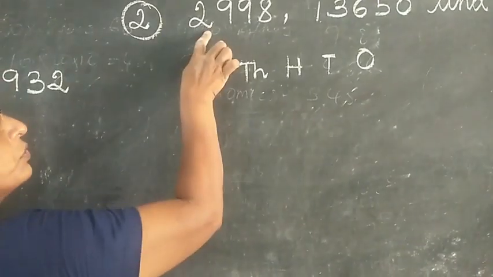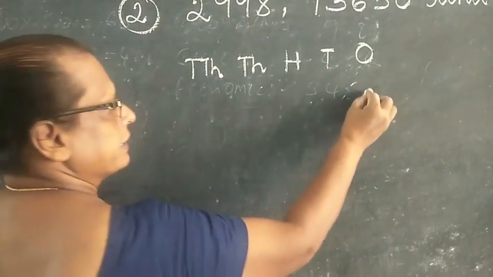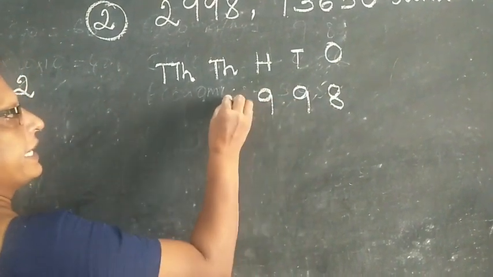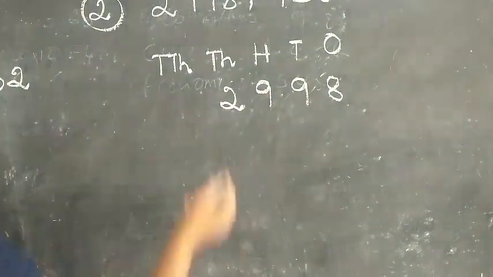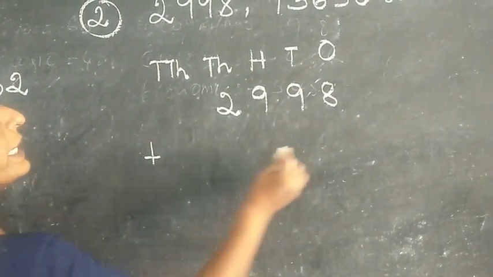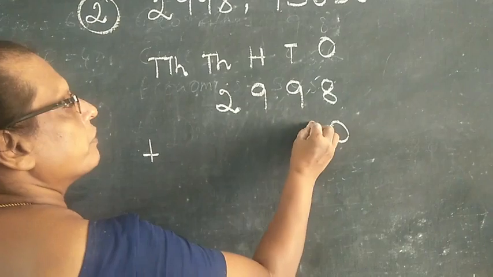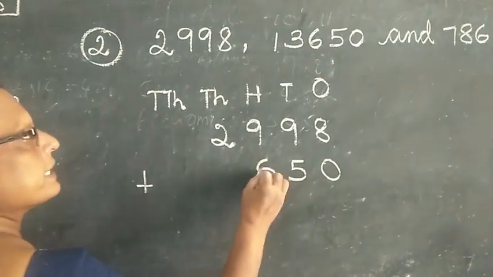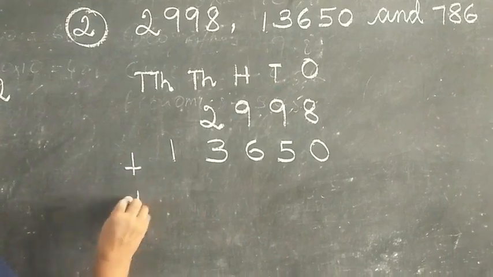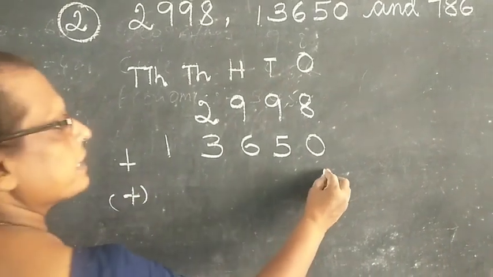So first one 2,998, and the second one 13,650, and last one 786.